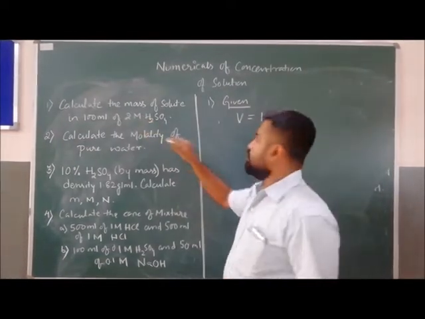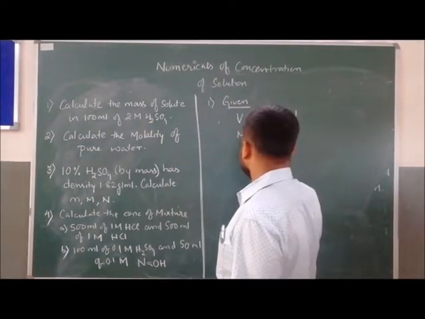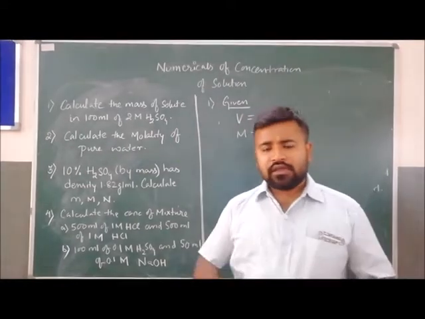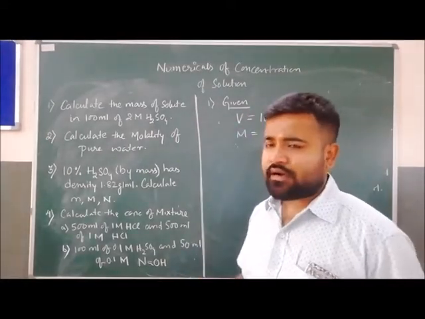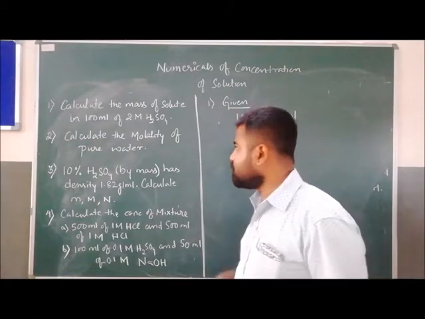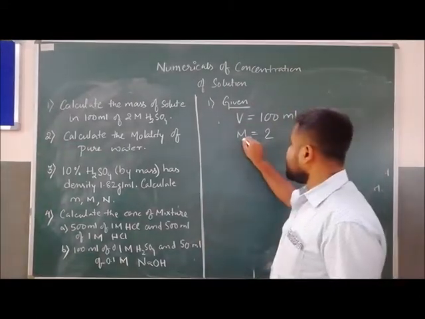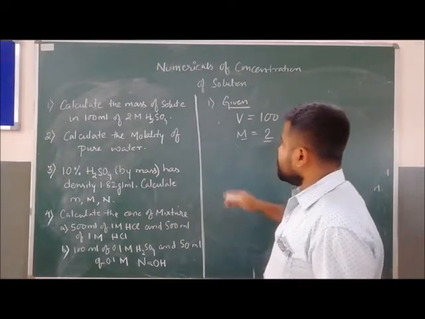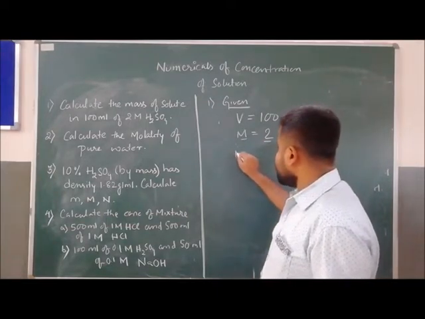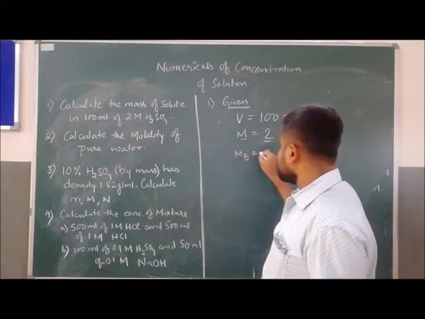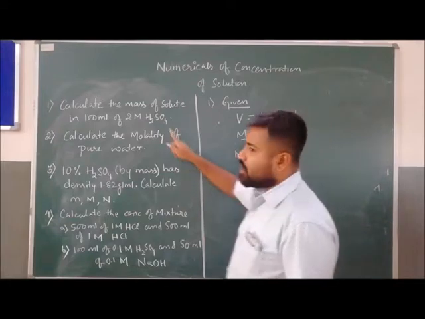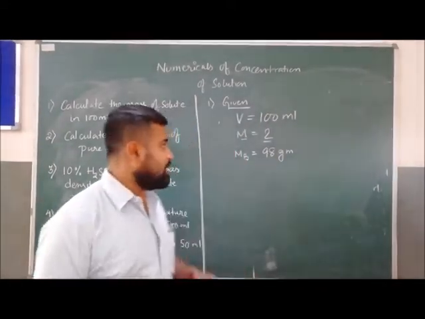Next, molarity is given as 2. We know that if molarity is 1 it is unimolar, if molarity is 2 then bimolar, and so on. So here the molarity is given as 2. Another thing is the molar mass Mb, which is equal to 98 gram, because we know that the molar mass of H2SO4 is 98 gram.